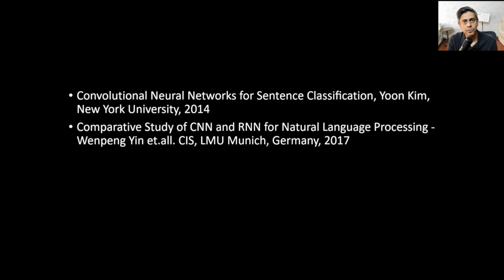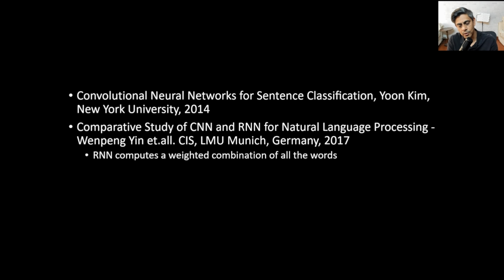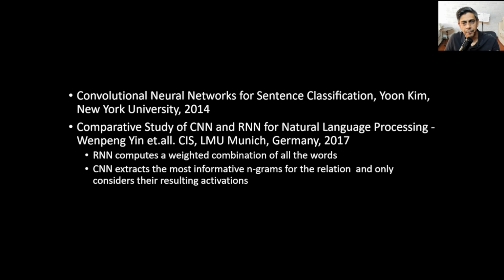A comparison was done between these two types of models, and what came out was that while RNN computes the weighted combination of all the historical words, the whole sequence, CNN can do an n-gram, which is the neighborhood, the word relationship between the neighborhood, and then do the activation. We will understand this in detail.